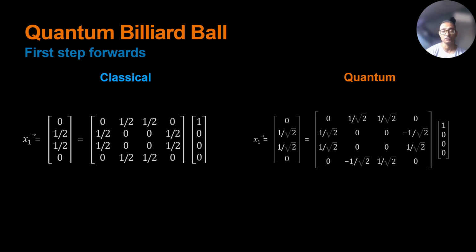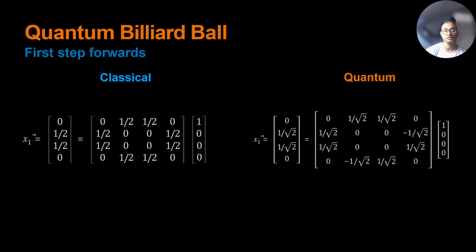Similarly for the quantum, we start with the same position at vertex 1, apply the operator, and end up with the amplitude 1/√2 at vertices 2 and 3. Of course, if you square the amplitude as said before, you get the same probability distribution.